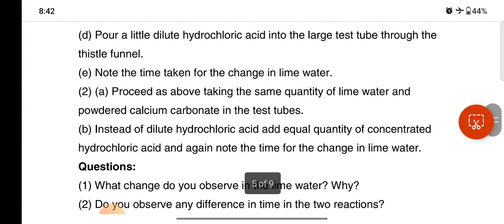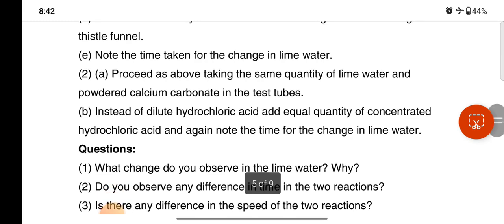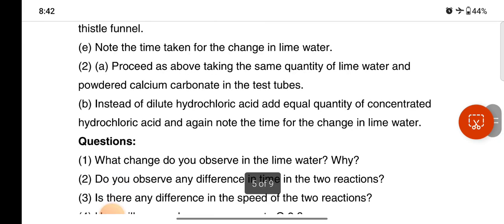Second, proceed as above, taking the same quantities of lime water and powdered calcium carbonate in the test tubes. Instead of dilute hydrochloric acid, add equal quantity of concentrated hydrochloric acid and again note the time for the change in lime water.